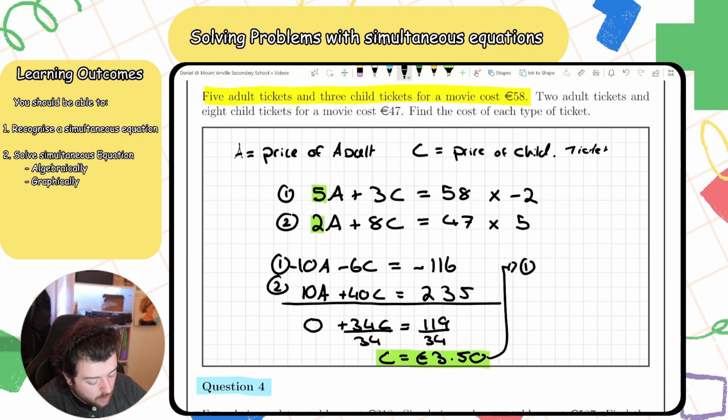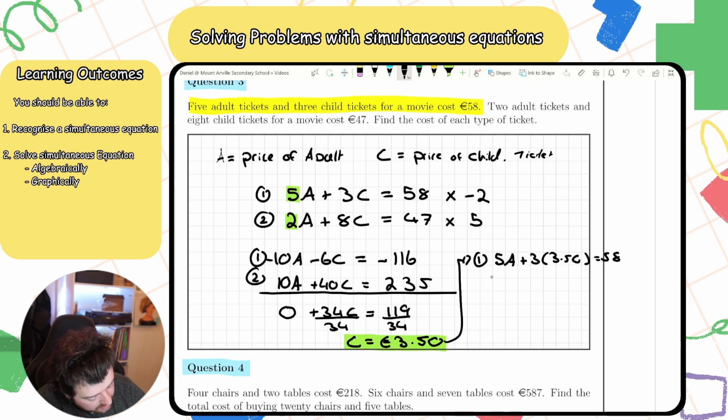So I'm just going to sub it into equation 1, because why not? 5a plus 3 times c, which is 3.50, equals 58. 5a plus, so 3.50 times 3 is 10.50, equals 58. 5a is equal to 47.50 when subtracted over.